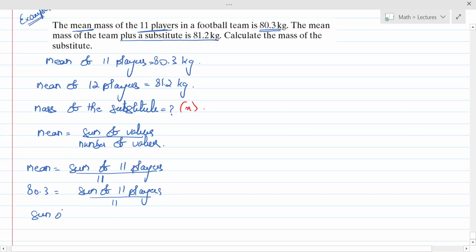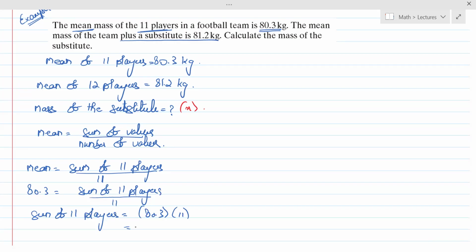So the sum of 11 players would simply be equal to 80.3 into 11. Using the calculator, 80.3 into 11, we are getting this as 883.3 kilogram, is the unit.